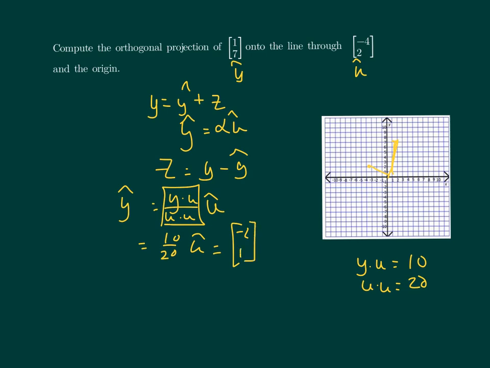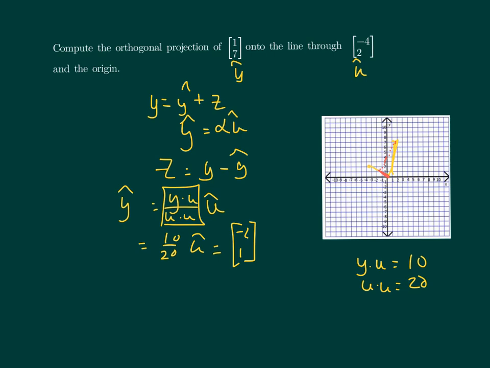All right, so this is our y hat, and notice it is on the same line as u. It's our y hat, and we see our projection of y, that orthogonal projection.